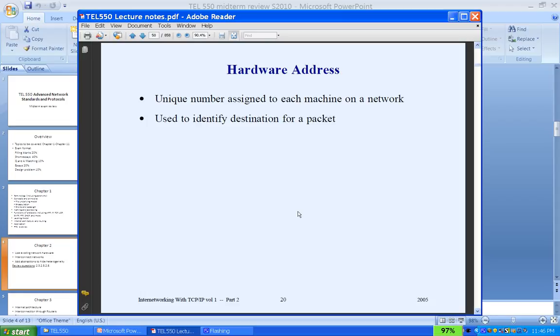And we need to know the difference between an Ethernet bridge and layer 2 switches. Also, we need to understand the basic concept of ATM networks.